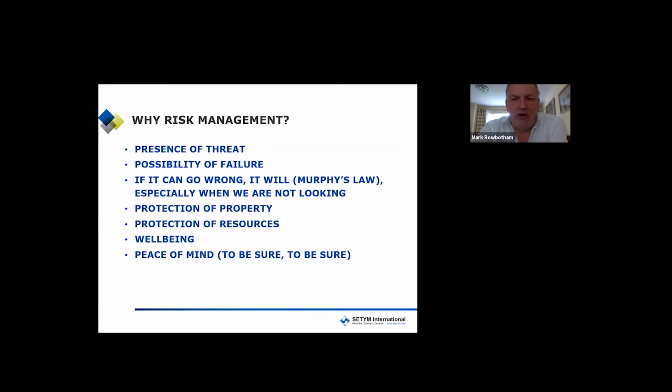Now, Murphy's Law, I know a lot of people refer to it, but again, it's a way of saying, what are we doing to protect ourselves against the possibility of something going badly wrong and causing us huge problems, especially when we're not looking. In lots of ways, when we take our eye off the ball, when we do not look at an issue, then it is possible that that issue could create problems because we are not monitoring it.